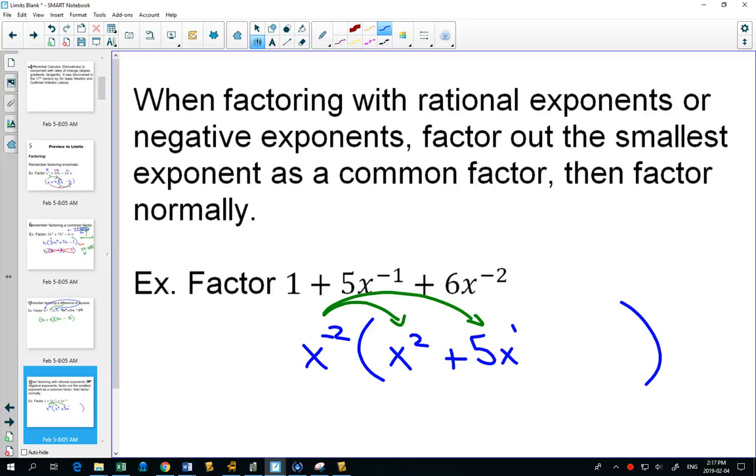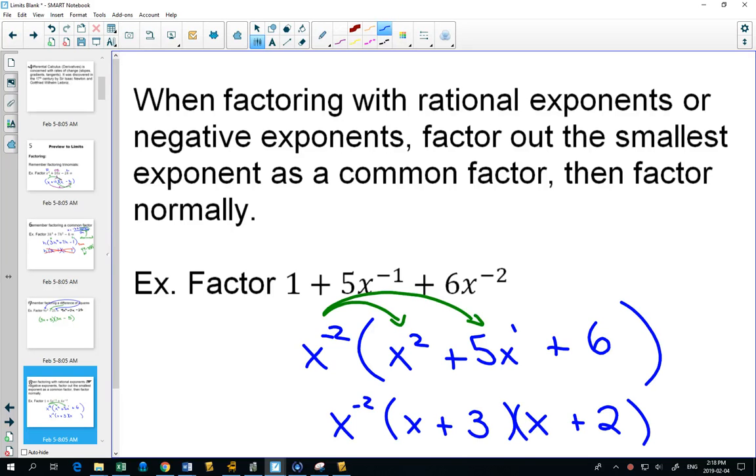And if I took the x to the negative 2 out of the 6, I'd just be left with 6. And what did we do by taking out the x to the negative 2? We changed our inside to something that we recognize and know how to factor.